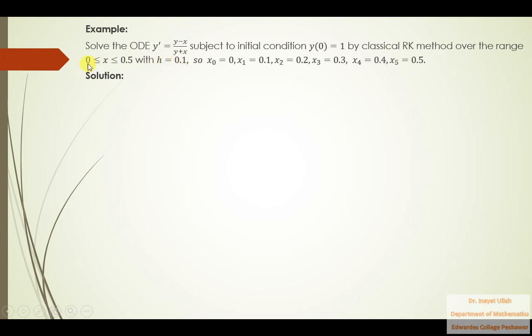That is the same range which was given in Euler's method, where x starts from 0 up to 0.5 by taking this step.